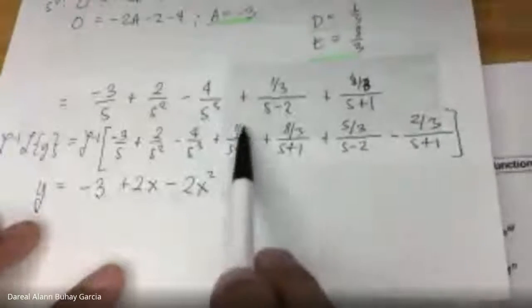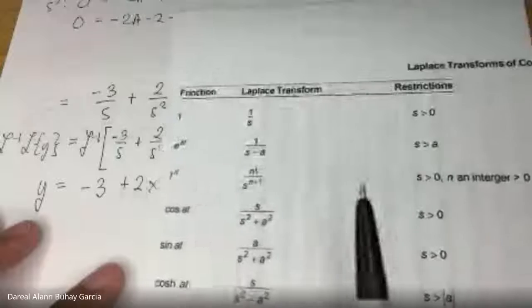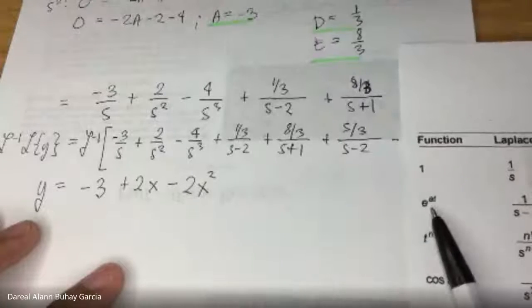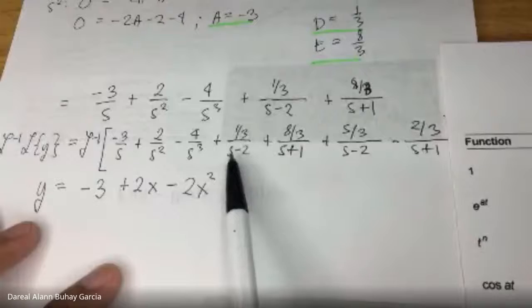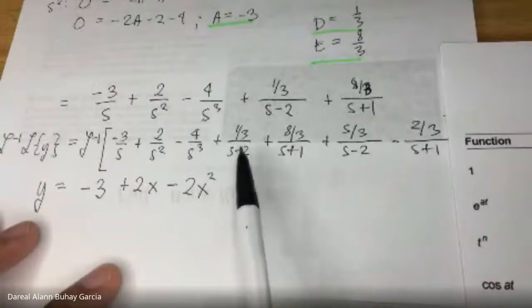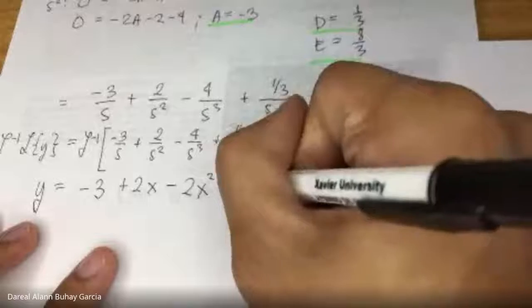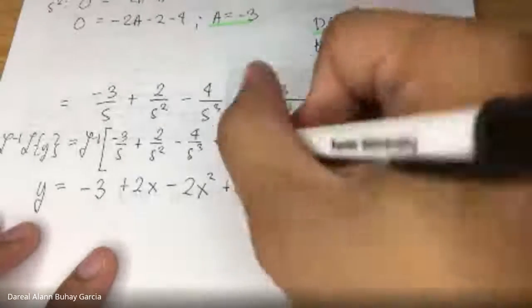Next. This one, what is it? E to the power of something. E to the power of ax. What is a? Positive 2. Right? S minus a, so a is positive 2. So, plus e to the power of 2x, times 1/3.